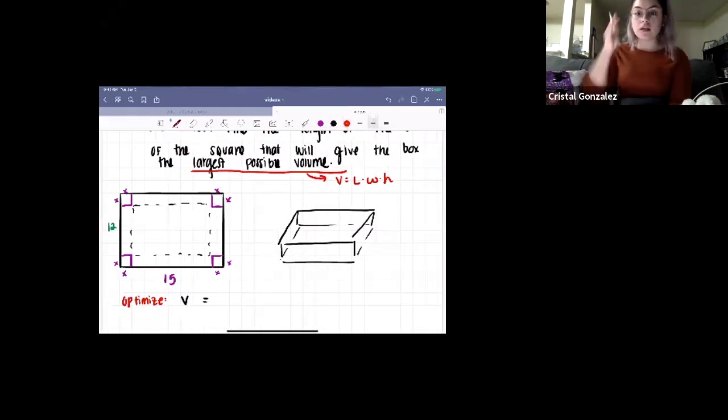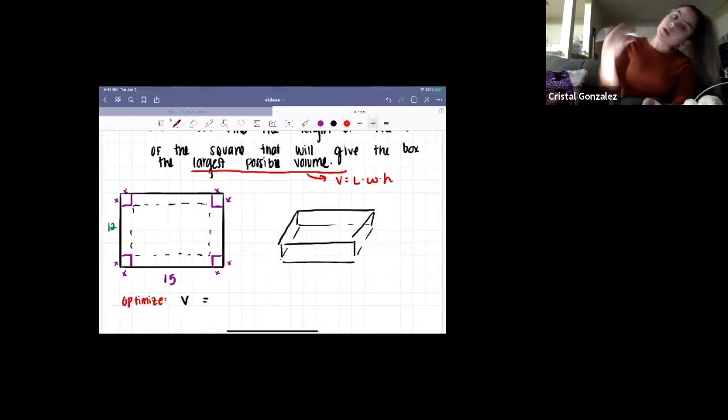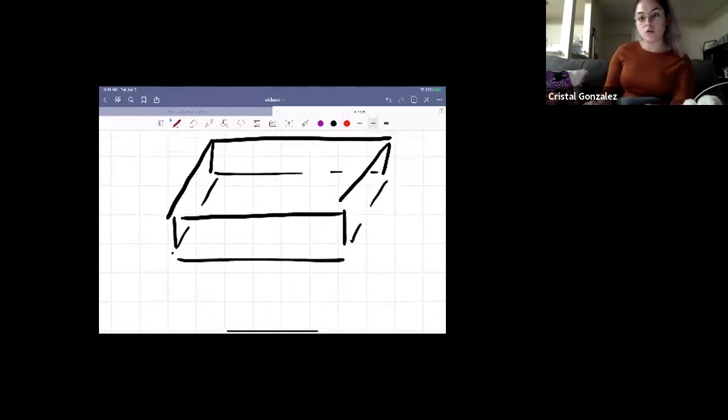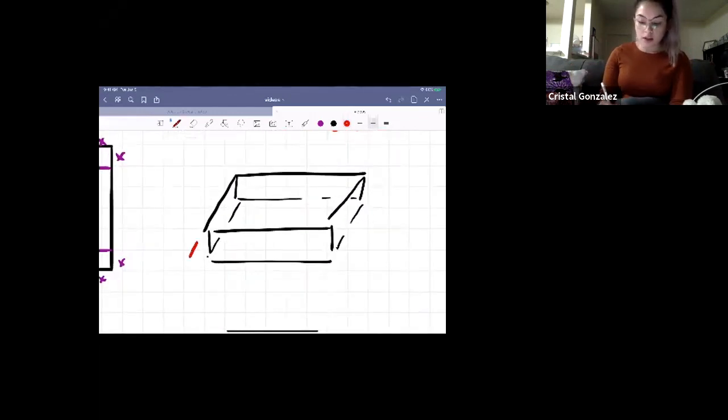Okay, so now maybe if you picture the box in 3 dimensions, you can easily see what this box is going to look like. Okay, so my question is, I know that the height is going to be x because I'm cutting the squares x by x. So yeah, the height's x. But now what's my length?